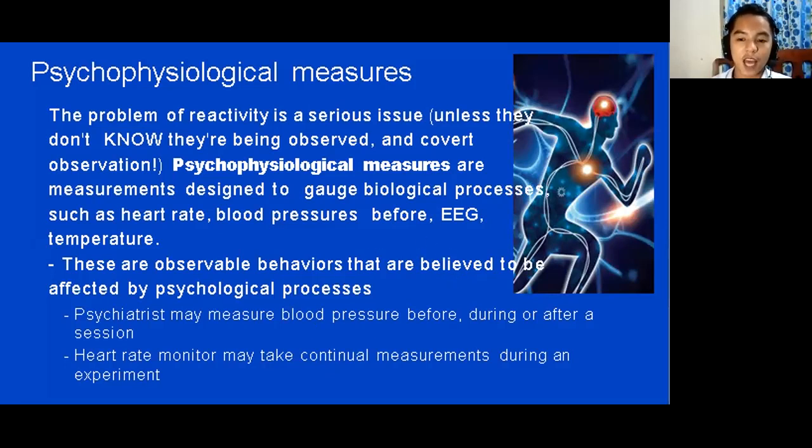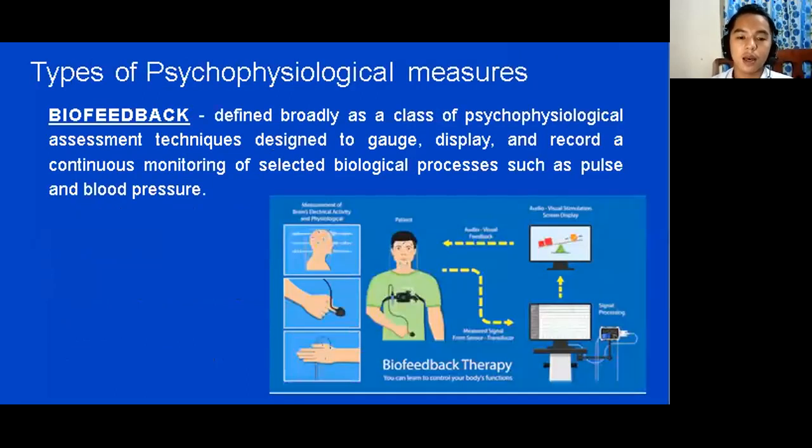So there are types of psychophysiological measures. The first is the biofeedback, and the biofeedback is broadly a class of psychophysiological assessment technique designed to measure, display, and record a continuous monitoring of selected biological processes such as the pulse and blood pressure.